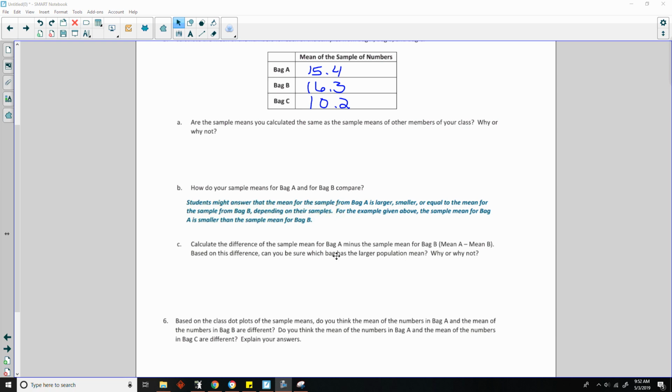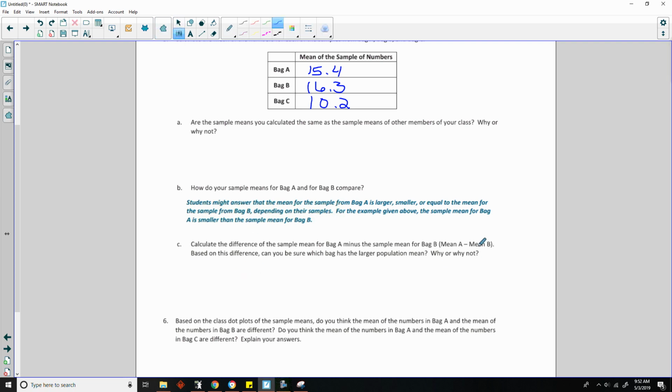Part C. Calculate the difference of the sample mean for bag A minus the sample mean for bag B. Mean A minus bag B mean. Based on this difference, can you be sure which bag has a larger population mean? Why or why not?